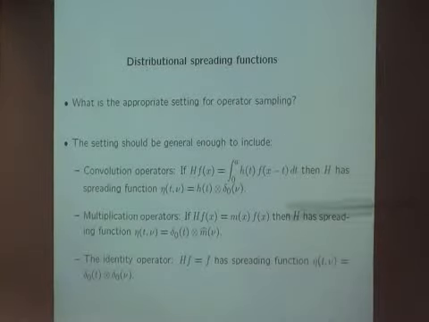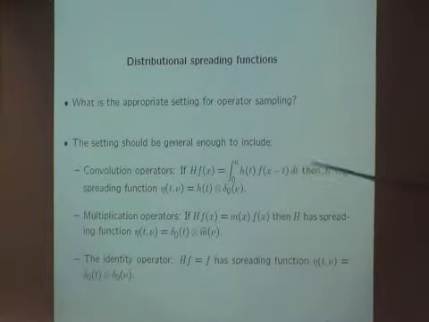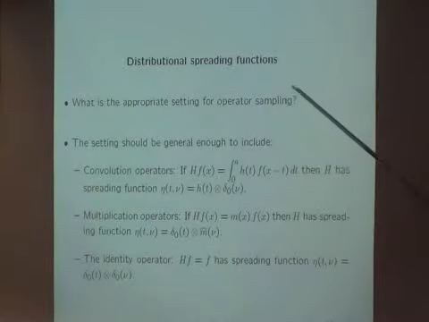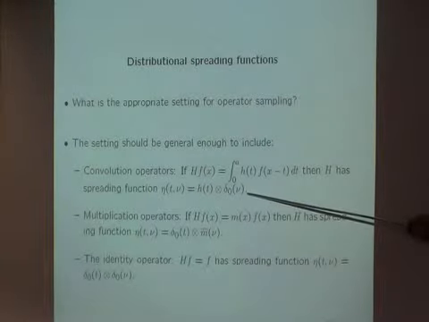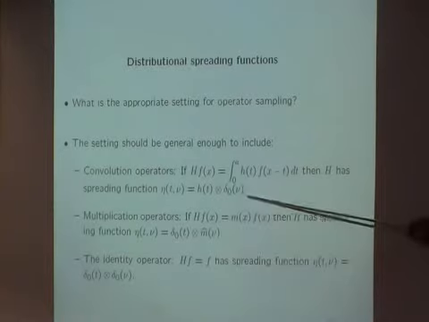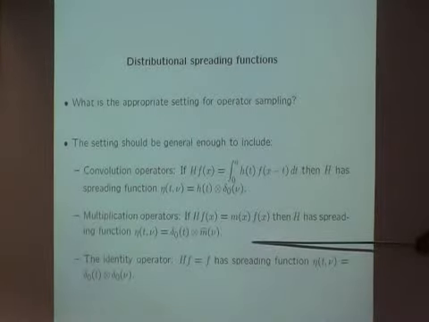Now, one thing that we want to have, this is the main criteria that we look for, is that the setting should be broad enough to include some basic kinds of operators that we're interested in. So, for example, ordinary convolution operators. Okay, so the spreading function for such an operator is a distribution. It looks like this. Okay, multiplication operators.